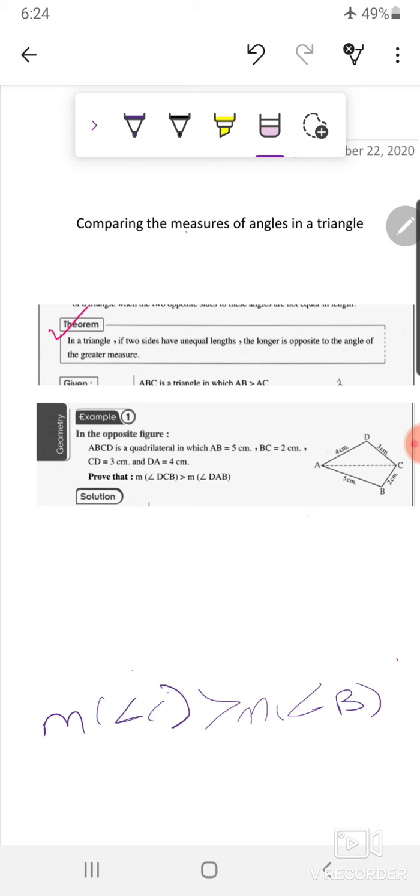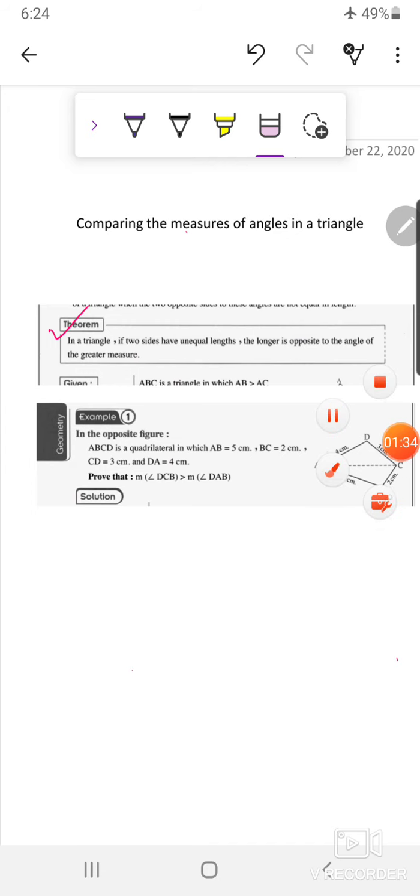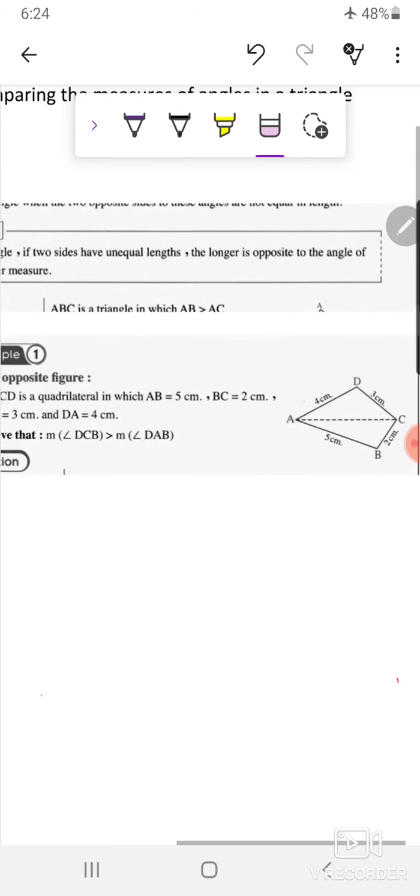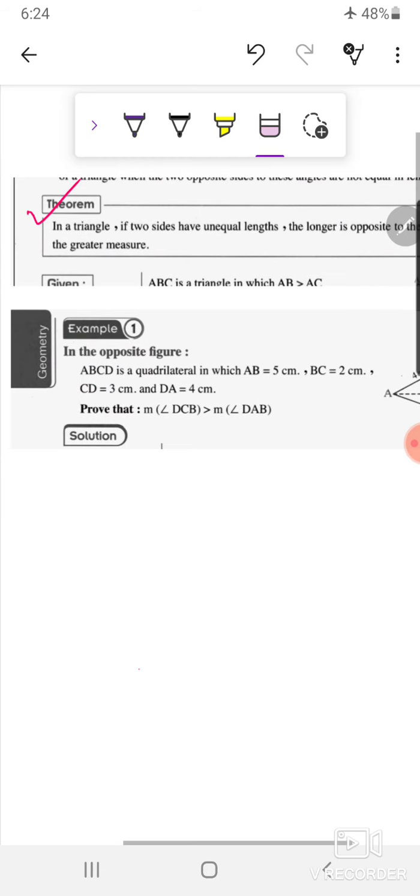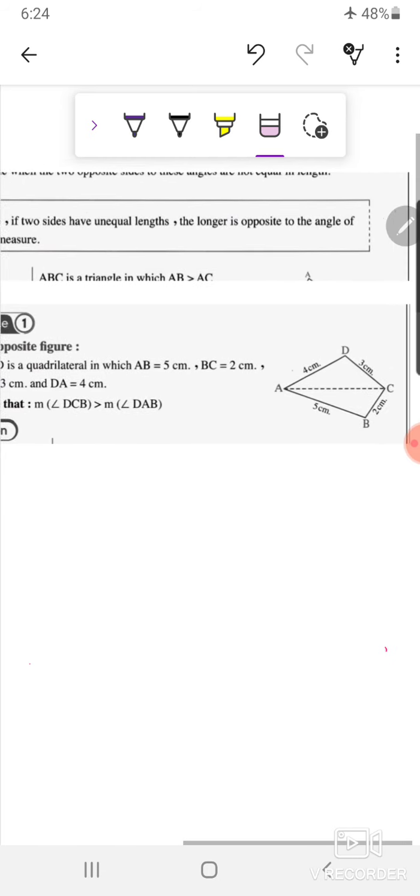Okay, now let's take an example. Here in the opposite figure, ABCD is a quadrilateral. What is the meaning of quadrilateral? It has 4 sides, in which AB equals 5 cm, BC equals 2 cm, CD equals 3, and DA equals 4.